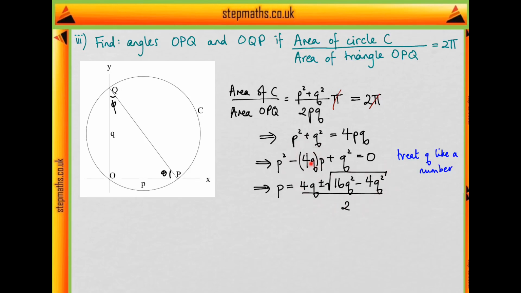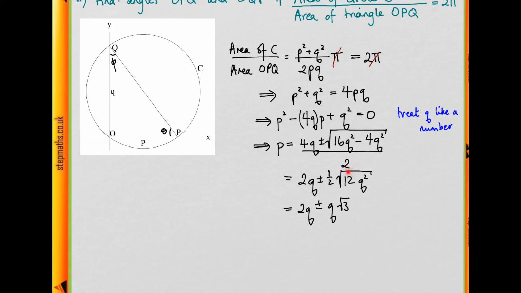So this minus 4q would be like the b that you usually put in your quadratic formula, and this q squared would be like the c. So we've got this, and we can simplify. So we've got 12q squared inside the brackets, and 12 is just 4 times 3. So taking the square root of the 4 and the q squared, then we end up with this, and we can factorize q.